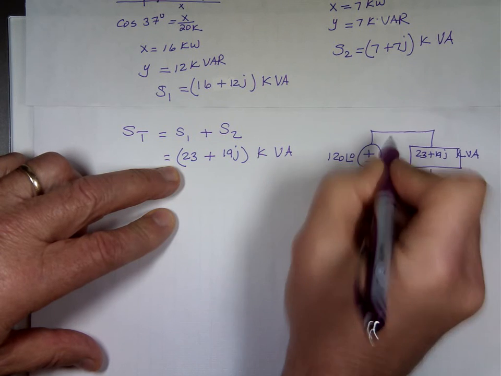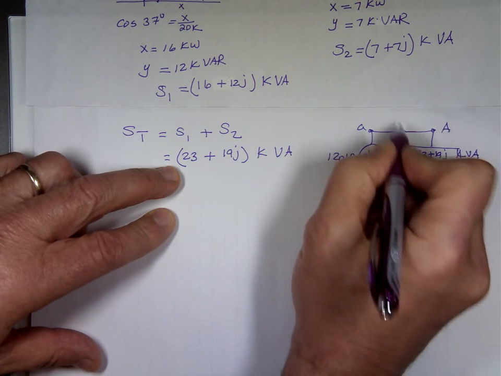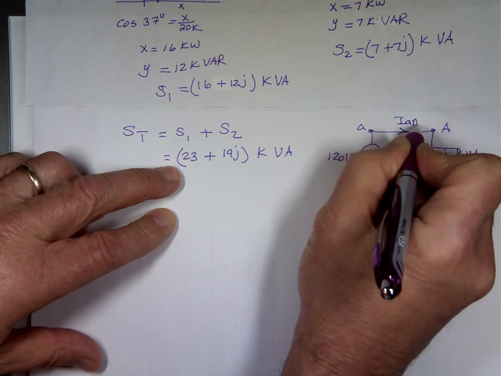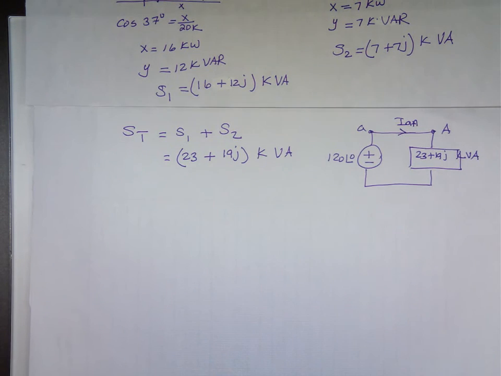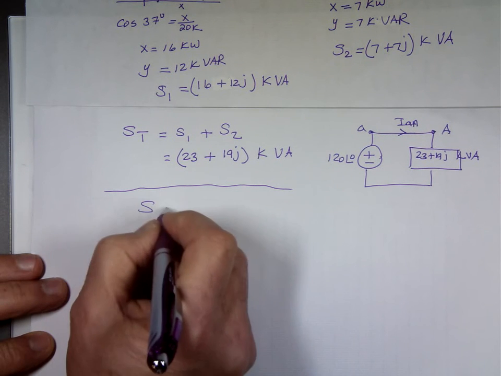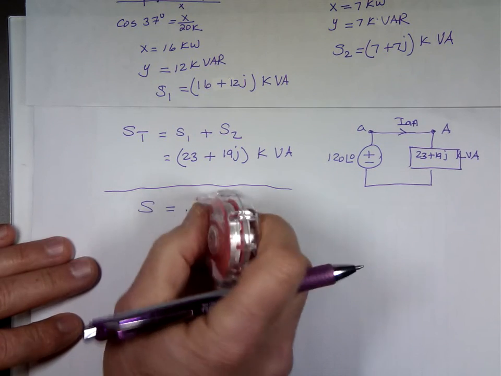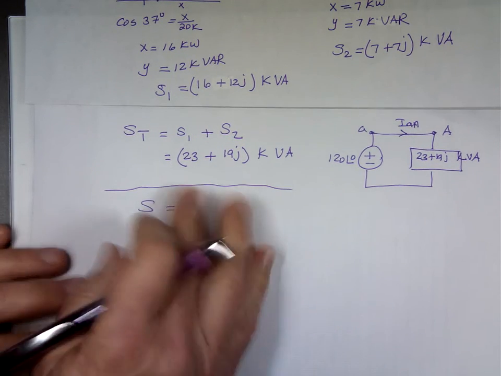This current is I sub capital A. If you remember what complex power is, complex power is V times I conjugate.